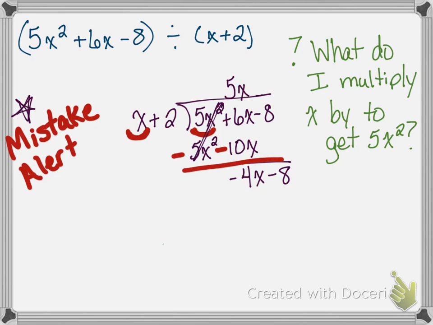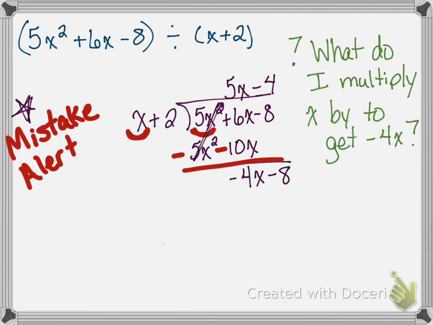What do I multiply x by to get negative 4x? And the answer to that is I multiply by negative 4. And negative 4 is a constant, so I put it directly over my negative 8, which is also the constant in my polynomial.